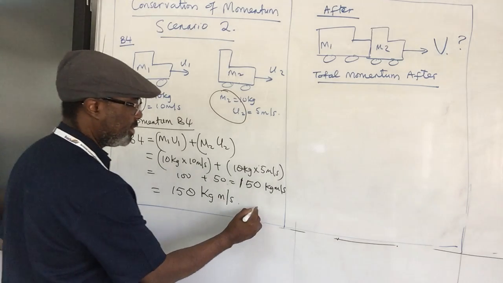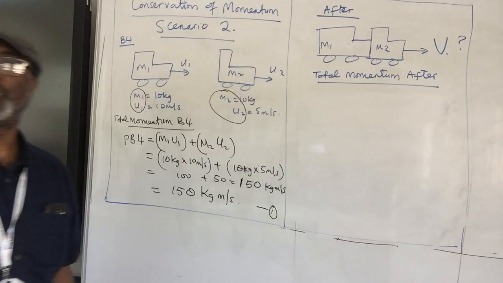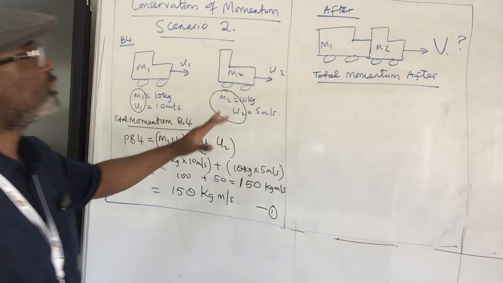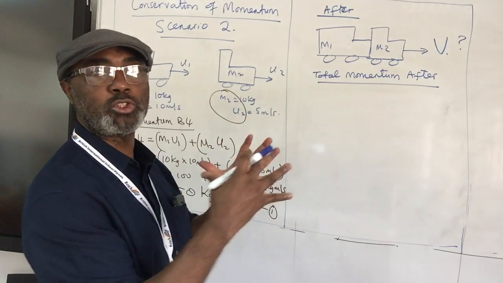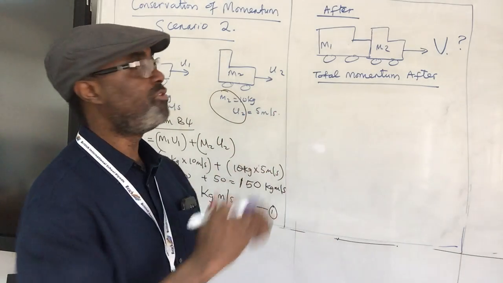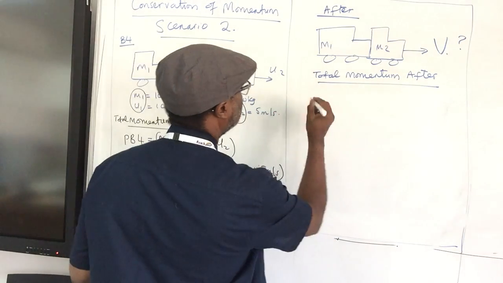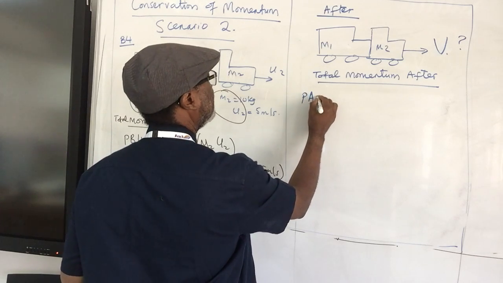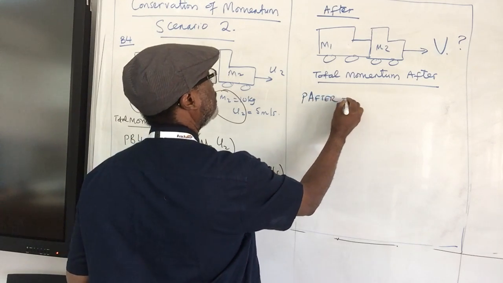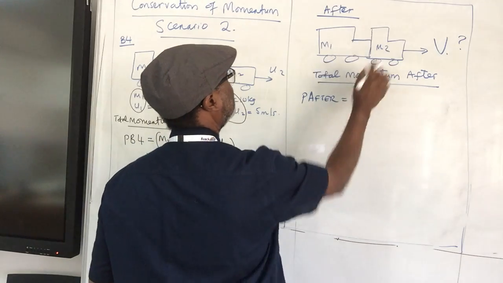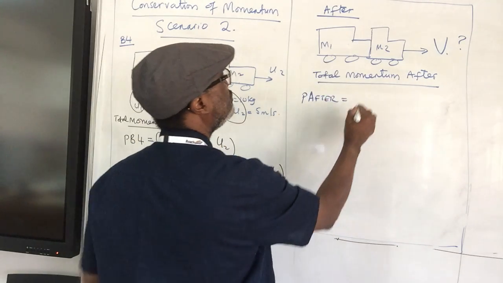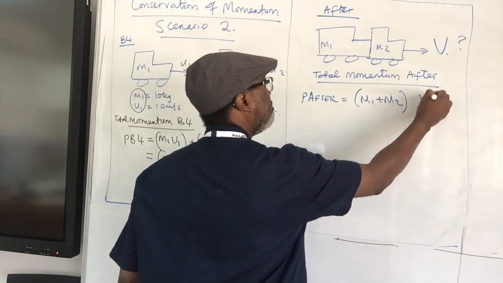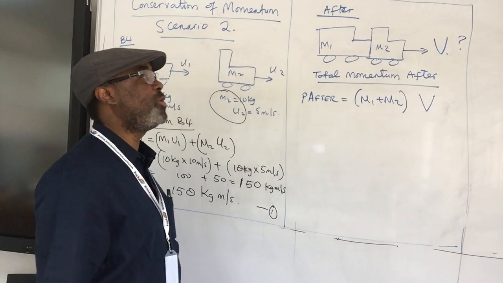And that's our first equation. We then go on to what happens after the collision, when the two masses are stuck together. They're now moving at the same velocity. So the momentum after should be the product of the total mass, because they are now moving as one single body. We say M1 plus M2 multiplied by V. That V we don't know.